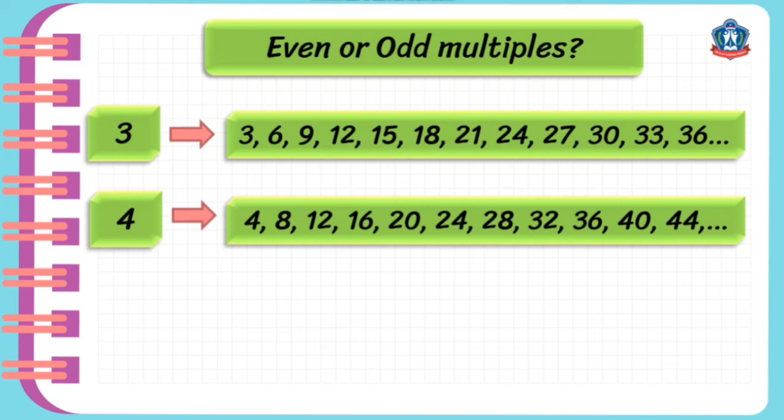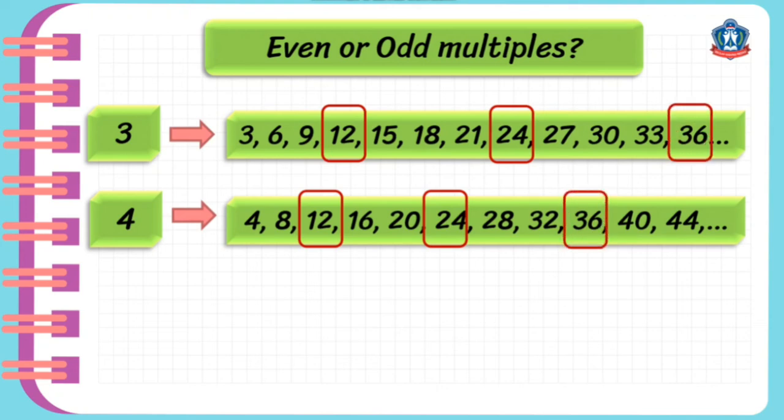Now, let's try to find which of these multiples are common between 3 and 4. Yes, we can find both in these two numbers. Let's check. Yes, we have number 12. They are the same. Can you find more? Yes, we have 24. Another?